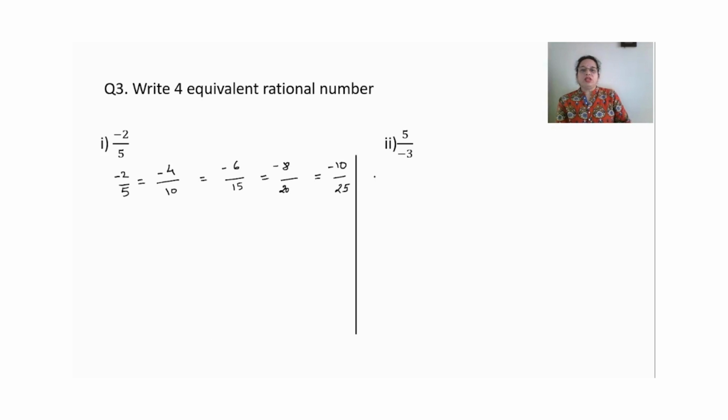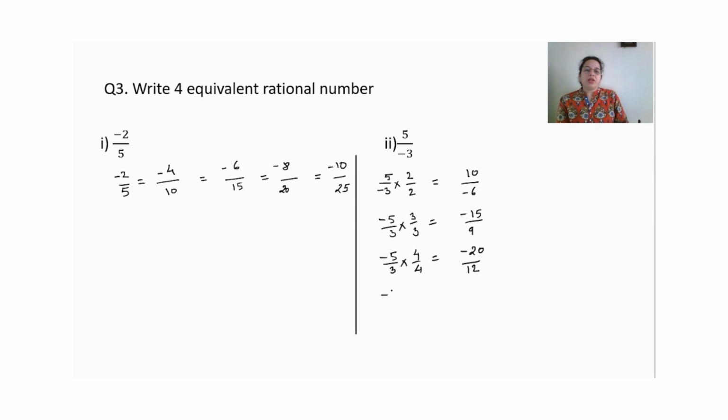Now we can write this by another method also. For example, 5 upon minus 3. Here we will multiply by 2 upon 2. So the answer will be 5 twos are 10 upon minus 6. Next you multiply by 3 upon 3, so minus 15 upon 9. Now you can multiply by 4 upon 4, so the answer will be minus 20 upon 12.